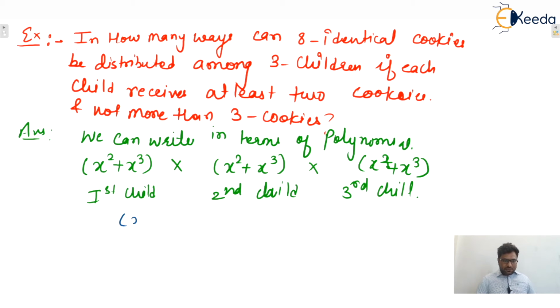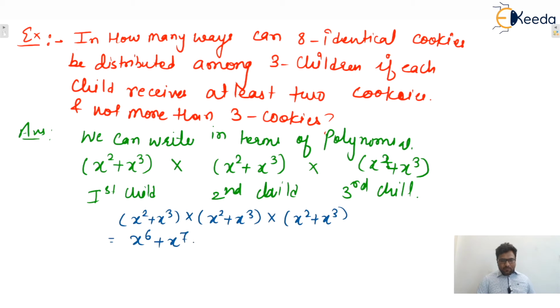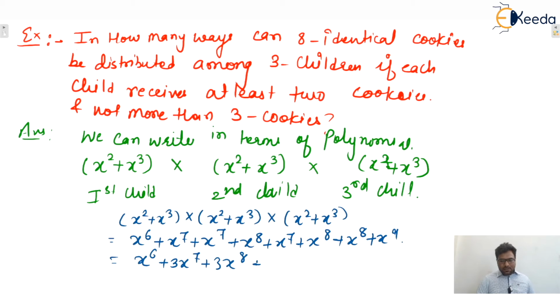After multiplication, (x square plus x cube) into (x square plus x cube) into (x square plus x cube) gives x power 6 plus 3 x power 7 plus 3 x power 8 plus x power 9.